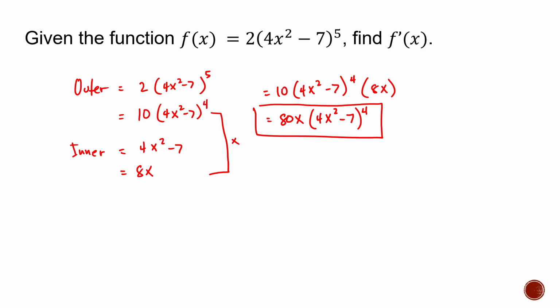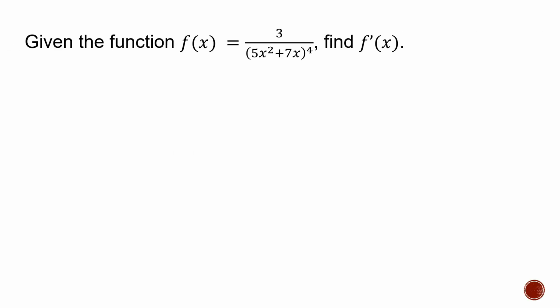All right, let's go to example number 2 now. For here, we need to rewrite that function using the law of exponents. This is equal to 3 times (5x squared plus 7x) raised to negative 4. Again, imagine the outer and the inner. For the outer, you treat that 5x squared plus 7x as a single variable.